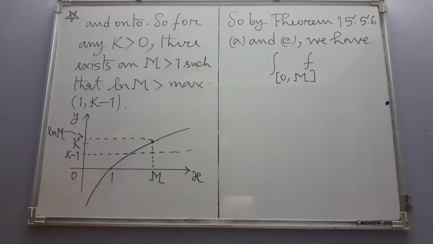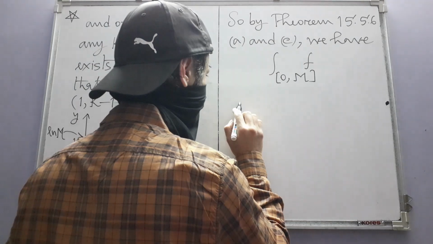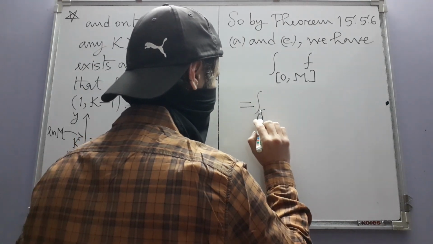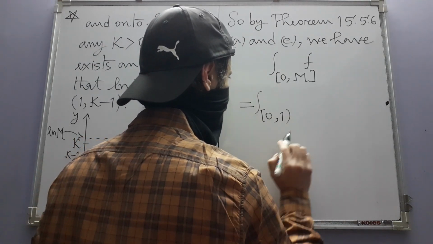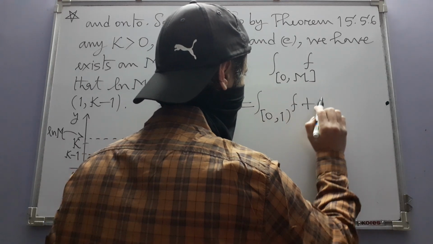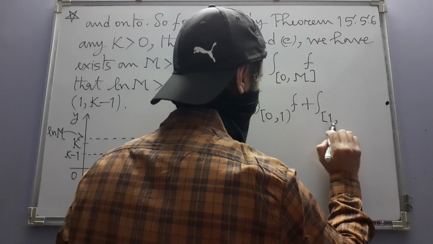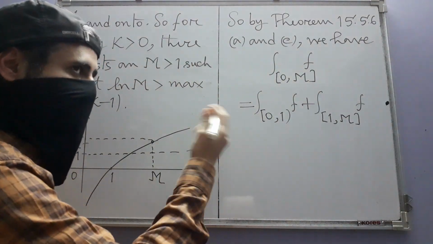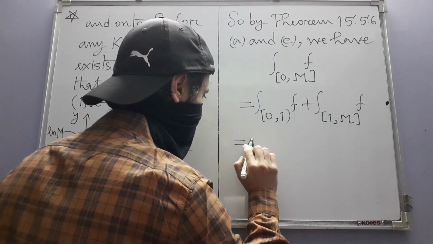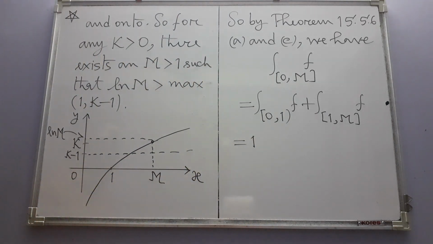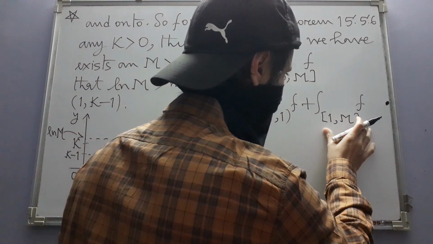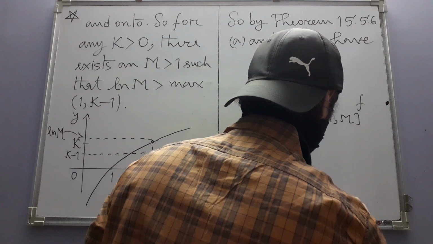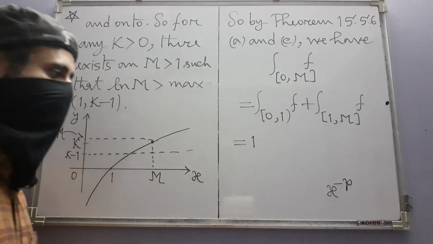First of all, because m is greater than 1, we can again, like before, split this integral into two integrals. This one, as before, is just 1. Alright. But now what is our f? What was our f in this type of intervals? Originally it was x to the power minus p.